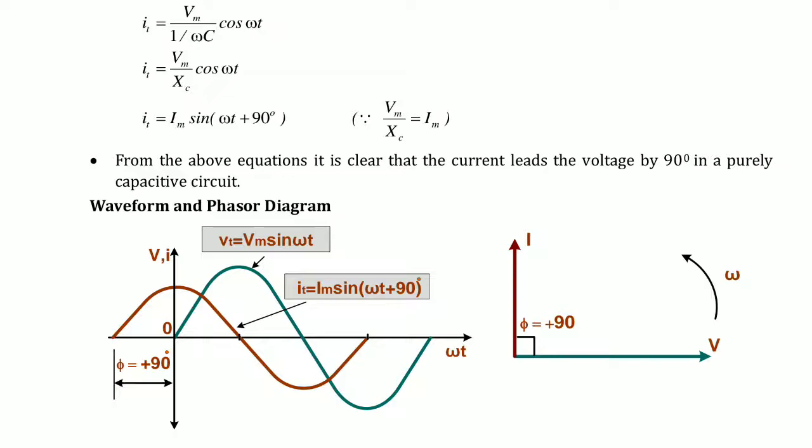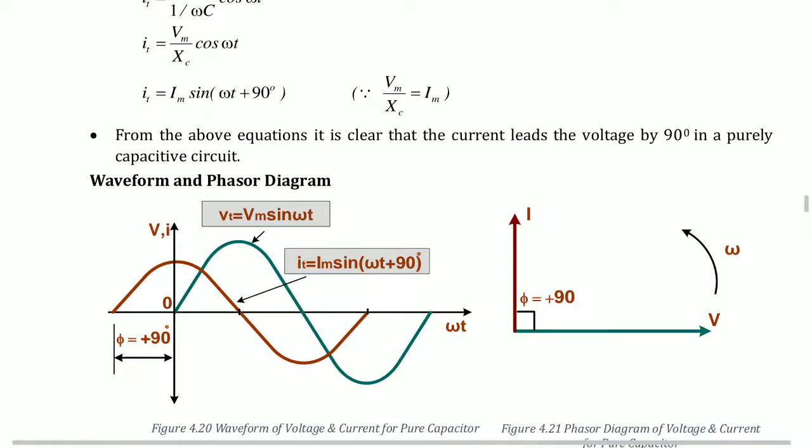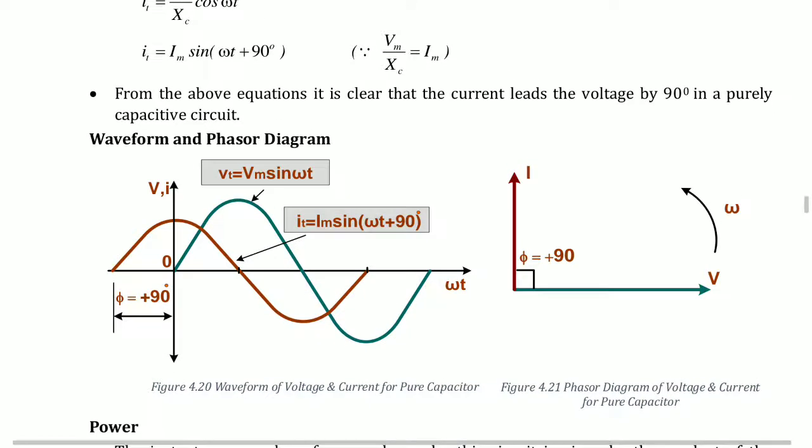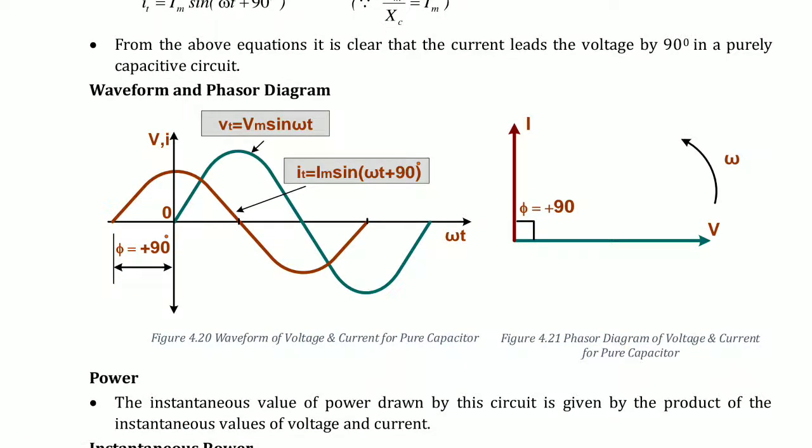In the phasor diagram, voltage is taken as the x-axis reference and current is taken on the y-axis, above the line. So voltage is on the right side and current is on the upper side, 90 degrees. So in a pure capacitor, the current is 90 degrees leading.